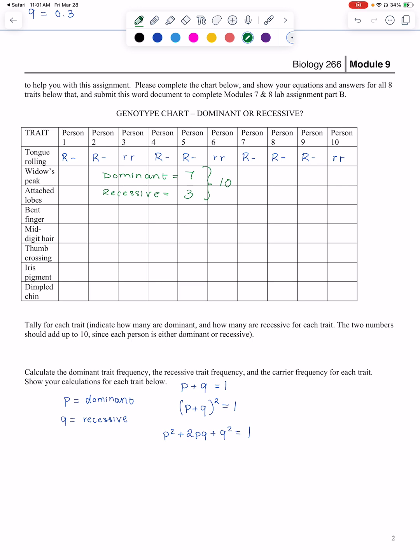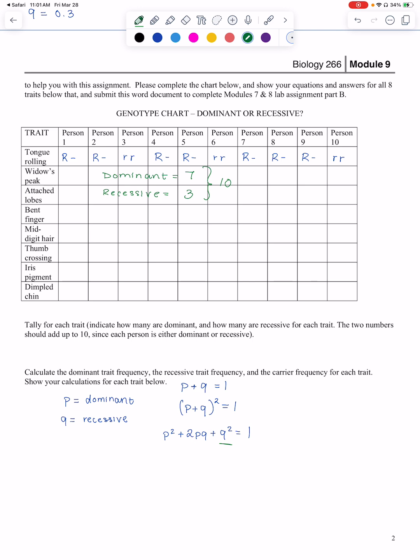Now, right here, we have a q squared, and we actually can figure out what percentage of people have this particular genotype. So what I'm going to do is I am going to look at the recessive versus the dominant individuals distribution.